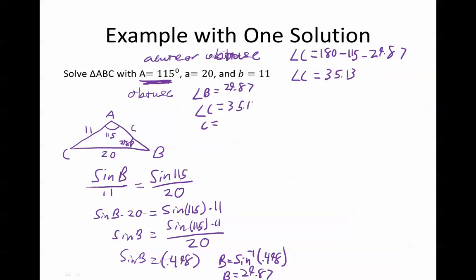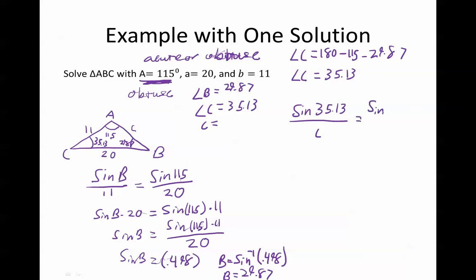So now we have that angle. And now we just have to find the last side, which is opposite the C. So when I set up my law of sines, I've got to use the angle for C, 35.13 over C. And now I can choose, since I know angle B and side B, I could use that for my other one, but I'm just going to use angle A again.